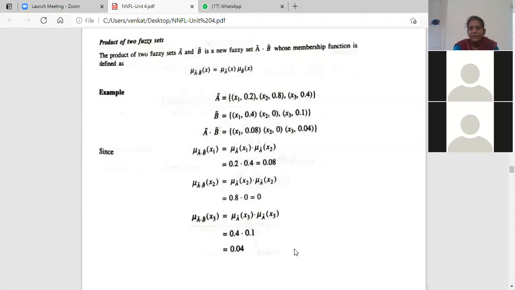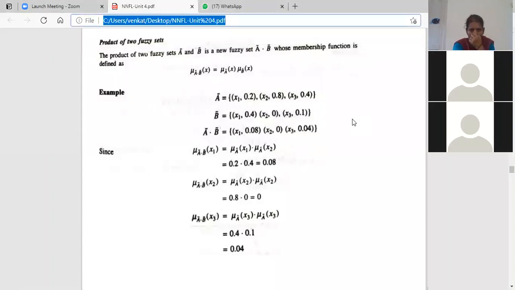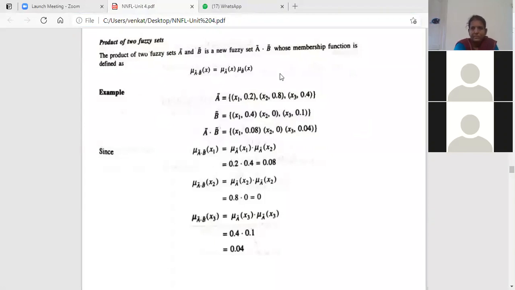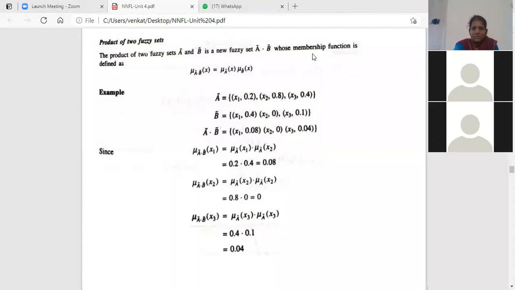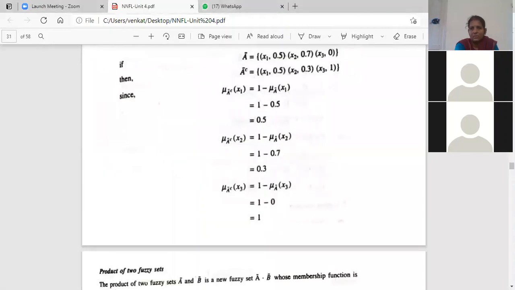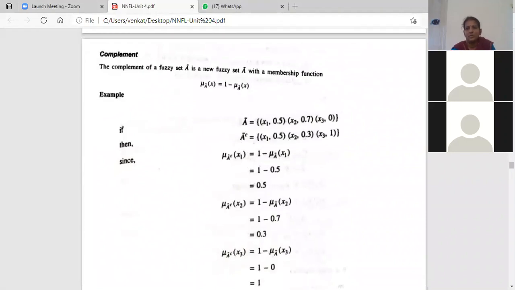So product of mu A dot B. Complement. Those who have not completed, please make a note of this.